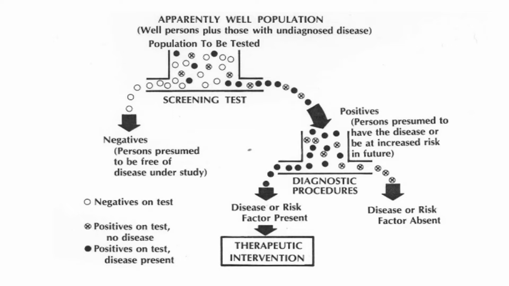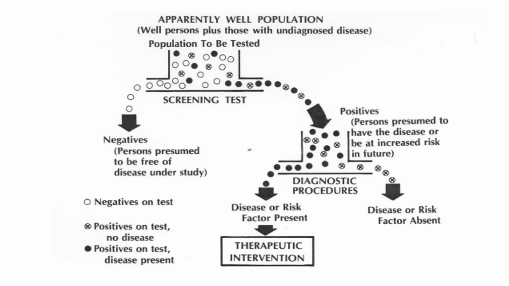The screening tests, as we have already discussed, are applied on apparently well population. So this apparently well, as we discussed, includes those who are well as well as those who are unwell yet undiagnosed. So if this is the population to be tested by the screening test, the result can be either negative or positive.